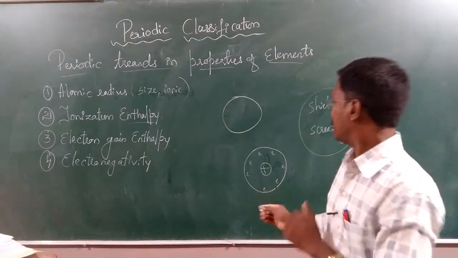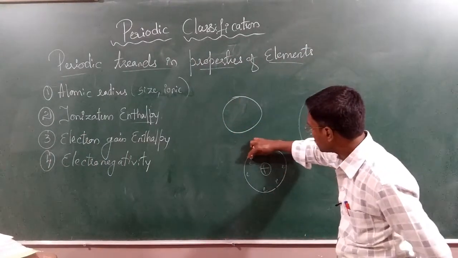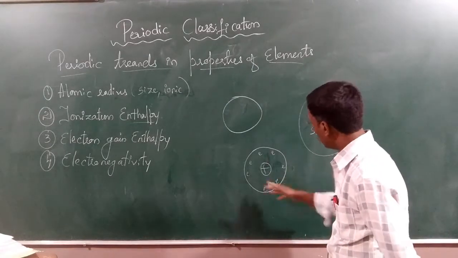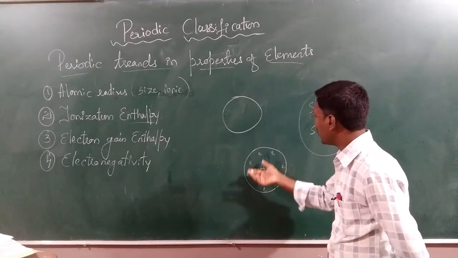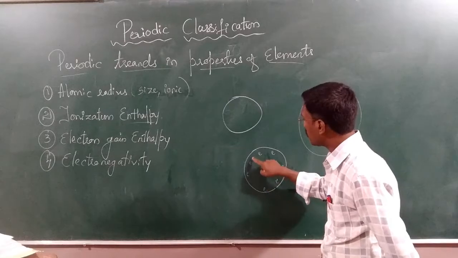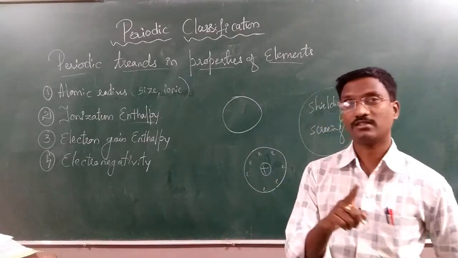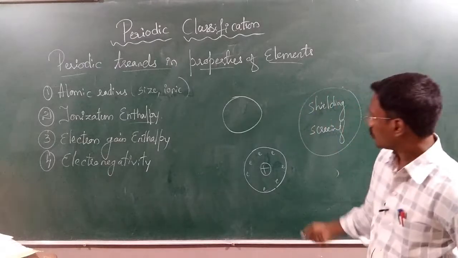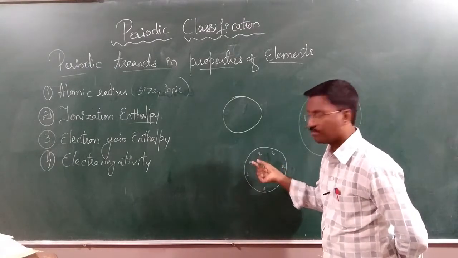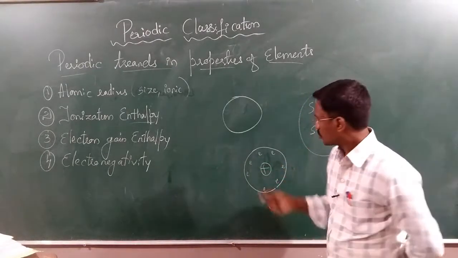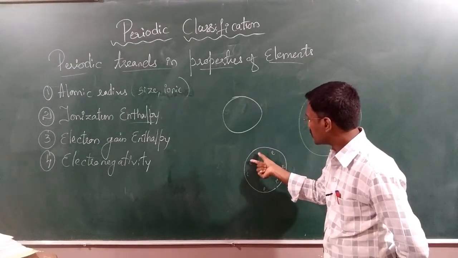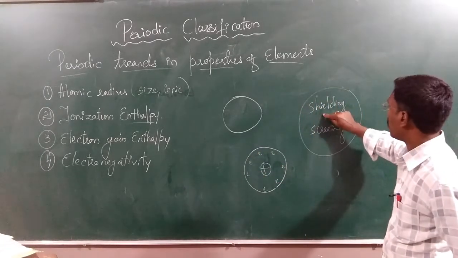So they maintain some distance, as we all maintained social distance during corona. Like that, the electrons also maintain some distance because they have like charges, the same charges. For that reason they stay apart, meaning repulsion is there. This apart distance is called shielding or screening.